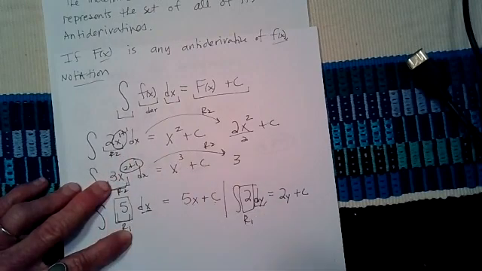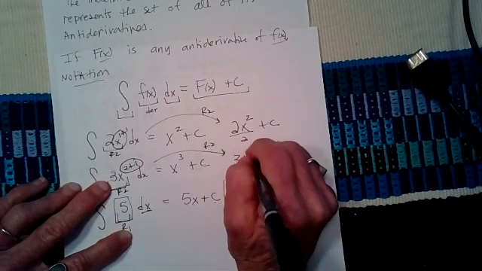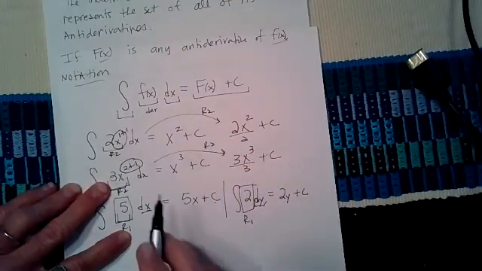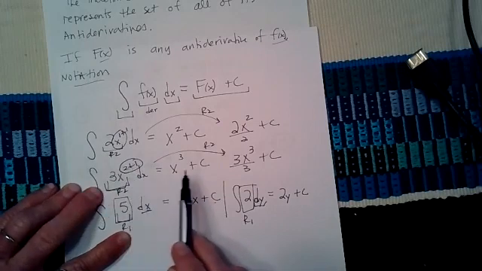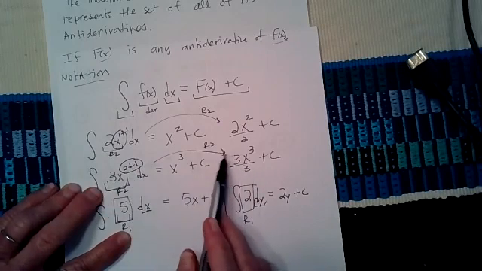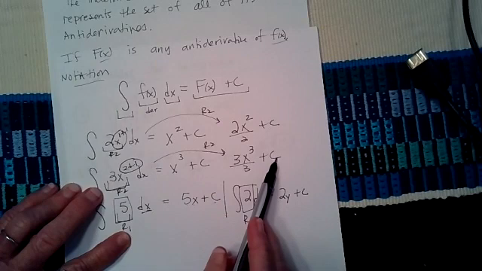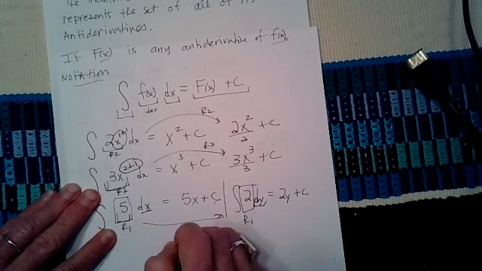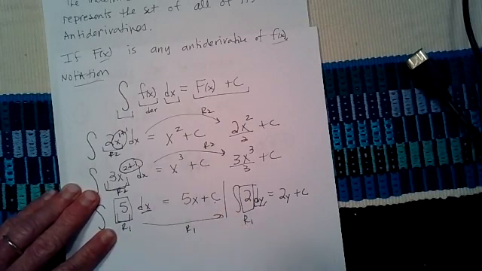What's my new exponent? 2 plus 1 is 3, divided by 3, plus c. So I'm just going to add 1 to the exponent and divide by the new exponent. And those cancel, so you get x cubed plus c, or you could type it in the computer like this. It doesn't matter. So we've used a lot of examples of rule 1 and rule 2.